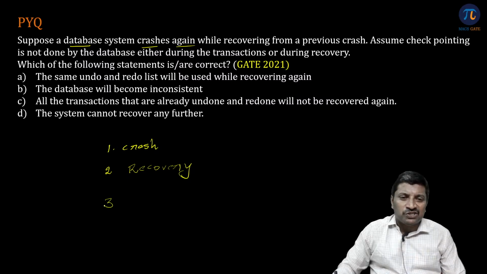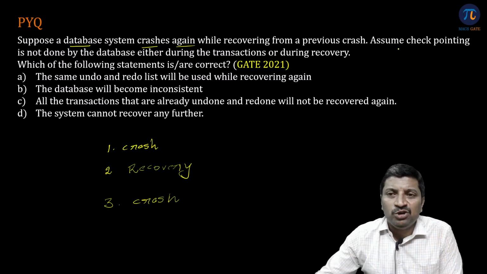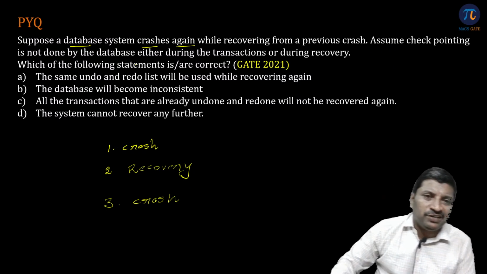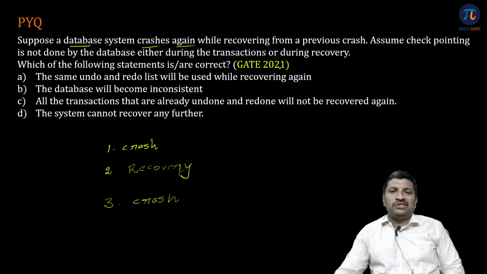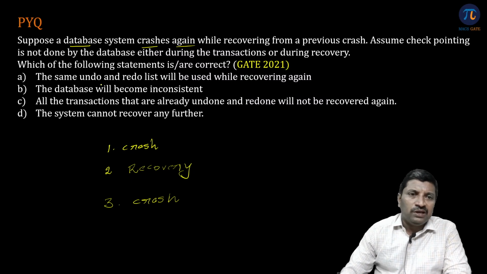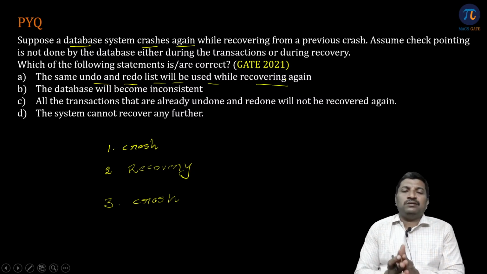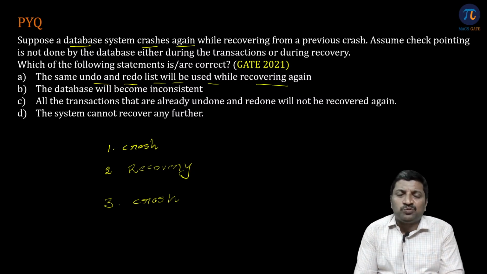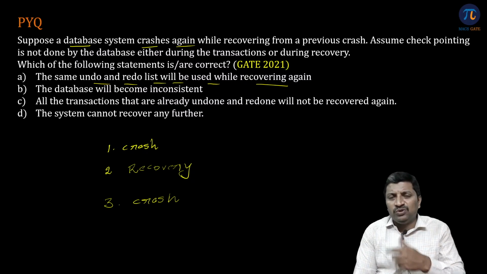Again there was a crash. Then assume checkpointing is not done by the database either during transactions or during recovery. So there is no checkpoint, sir. Then which of the following statements are correct? The same undo redo list will be used while recovering again. Sir, the same undo list, because there is no checkpoint, right? So the same list you can use for recovering.